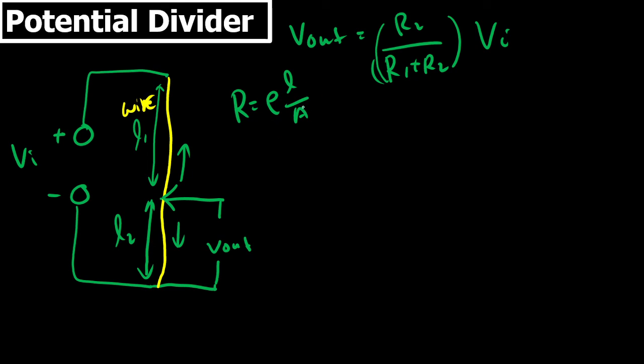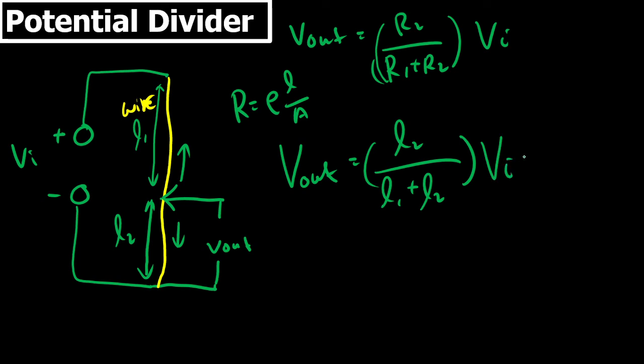And if the cross-sectional area for the whole wire is the same, then A is the same. So if you just substitute it in, V out would equal L2 over (L1 plus L2), or the total length, times V in.